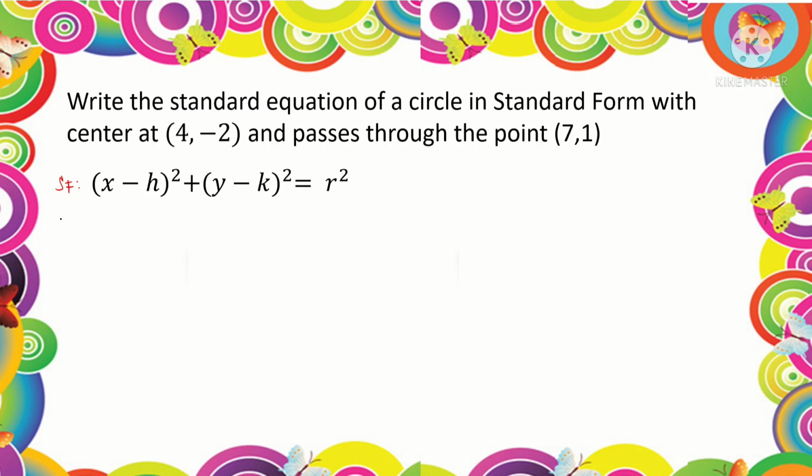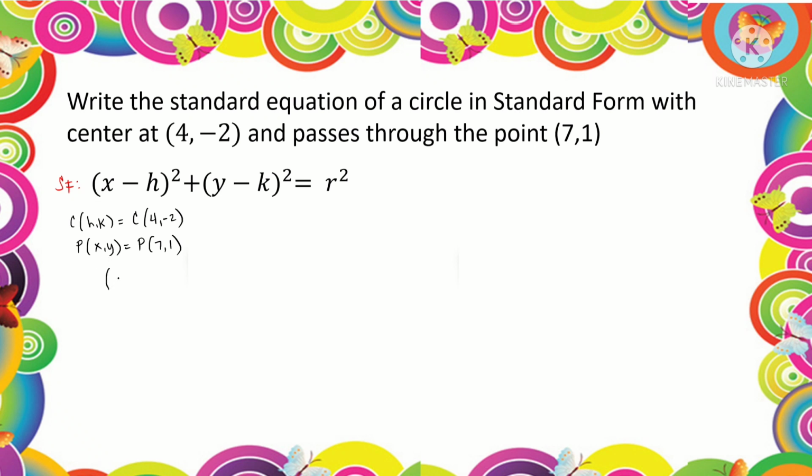Knowing that we have all the given, center h, k, which is equal to 4, -2, and your point x, y, which is 7, 1. Substitute everything in our standard form.